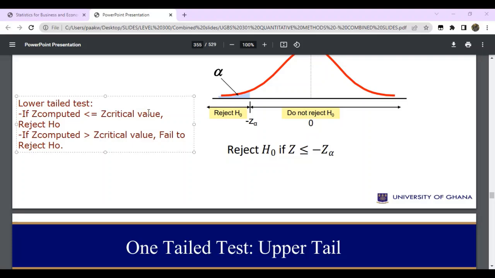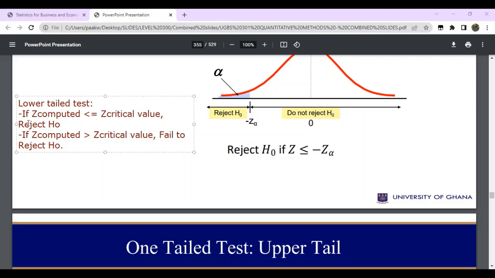If your level of significance is 5%, that is 0.05. Say your Z computed was 1.75; you go to the table, look for the probability of 1.75, then compare with 0.05.